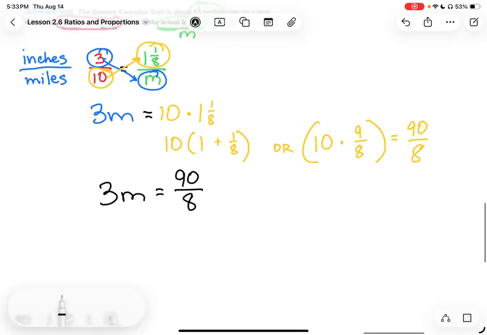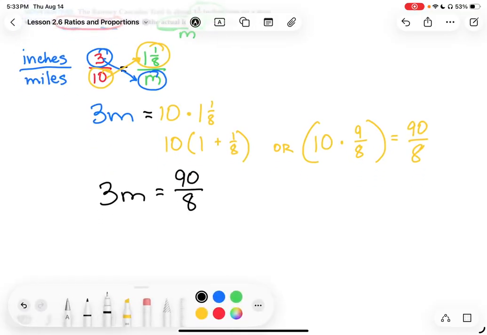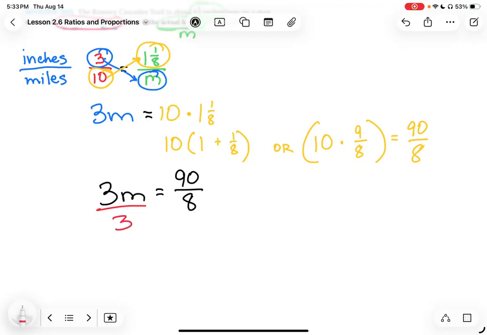Now, here's where it gets a little tricky. I'm going to divide by 3, which means I need to do 90/8 divided by 3. Well, doing a fraction divided by something can be a little tricky, but remember that dividing by 3 is the same thing as multiplying by 1/3.